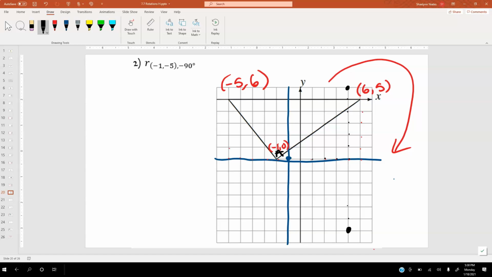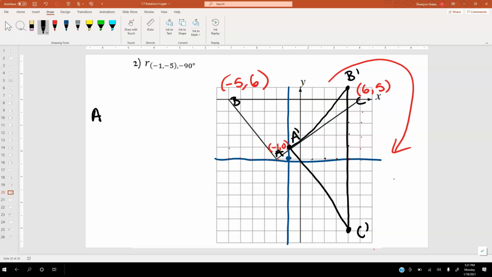I'm going to label them A, B, and C just to help myself. So this is B prime, this is C prime. And then instead of at (-1, 0), if I want to rotate it, it'll now be at (0, 1). So this is A prime. So this is my new triangle that was rotated 90 degrees about that point. Okay, and those points obviously in reference to the new origin.